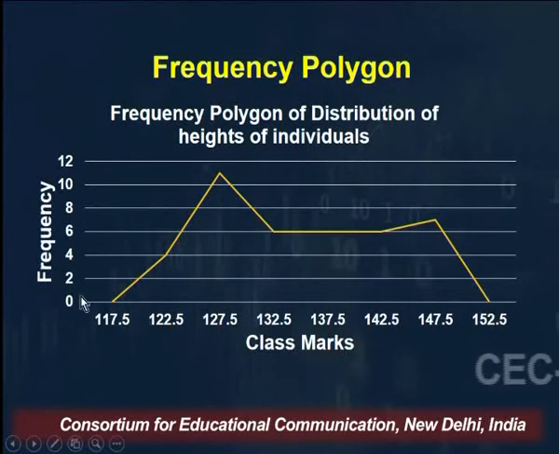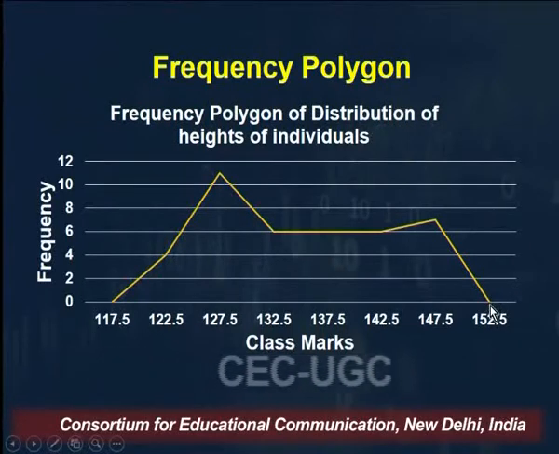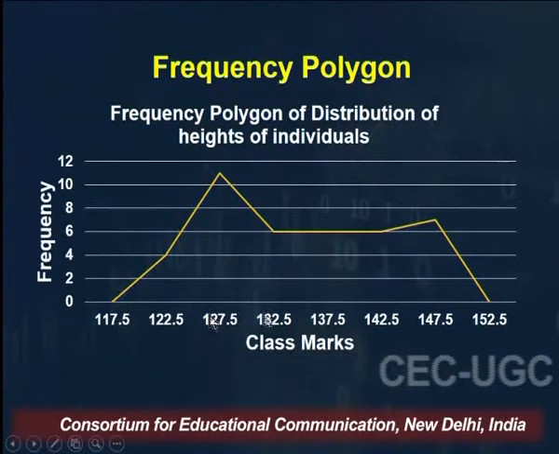So, the frequency polygon in some sense starts from some point on the x-axis and ends on another point on the x-axis. Again, here these are the class marks and these are the frequencies.